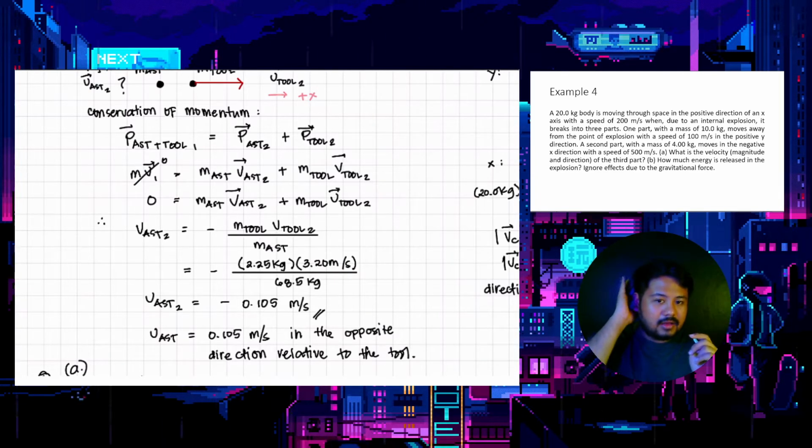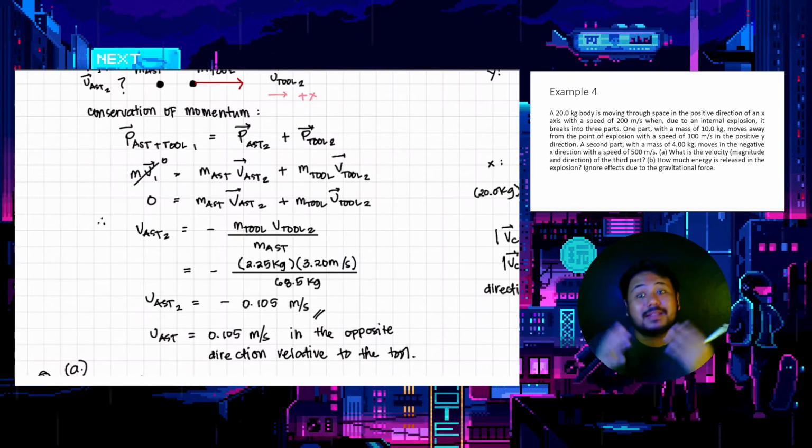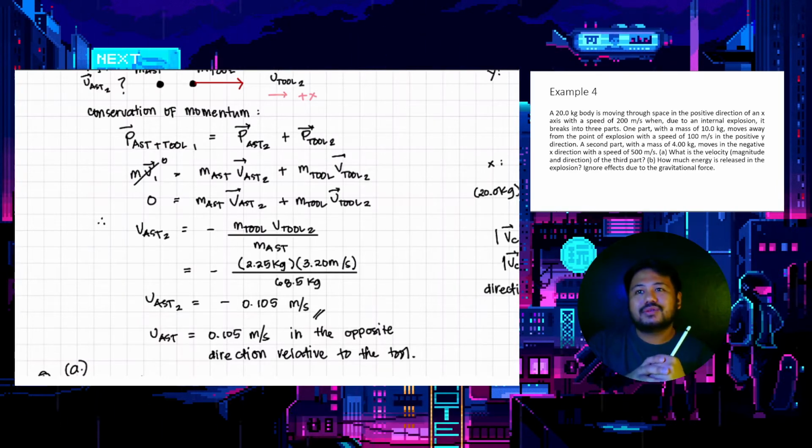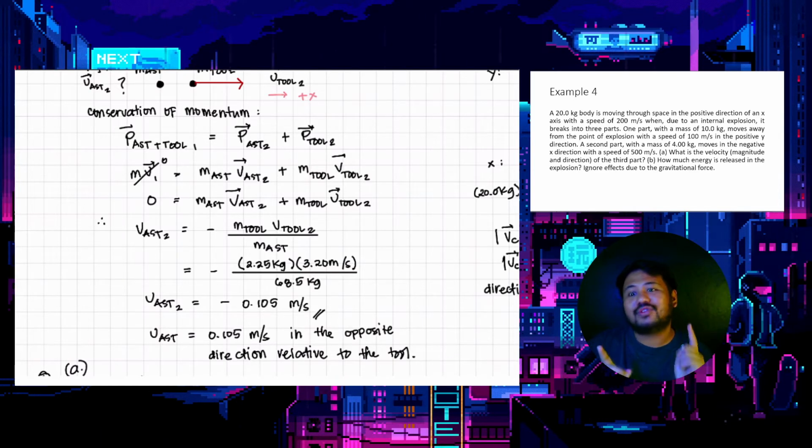Now, momentum is a vector. It has x, y and z components. So meaning to say, we could solve for the velocity of the third part just by using the idea of the conservation of momentum. But we have to understand this one first, conservation of mass.